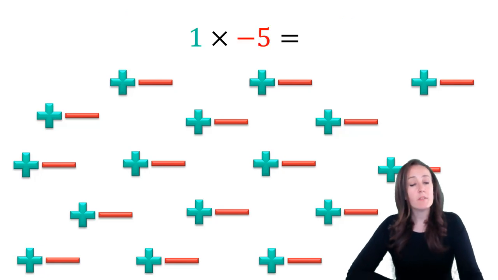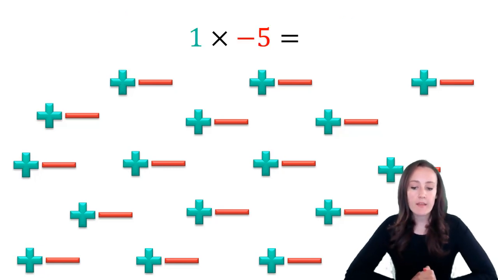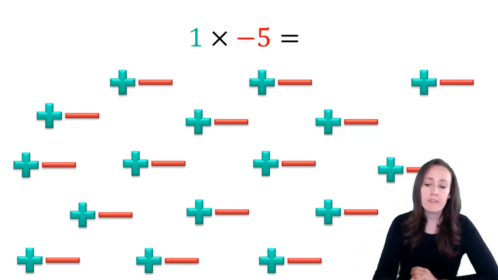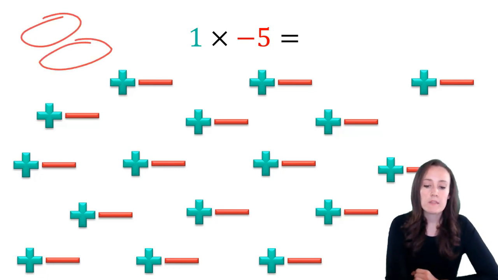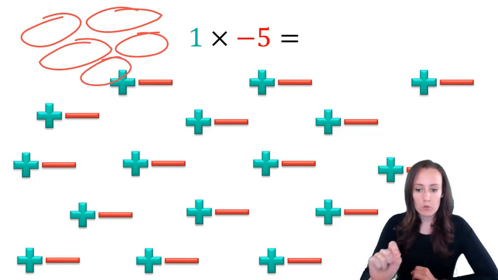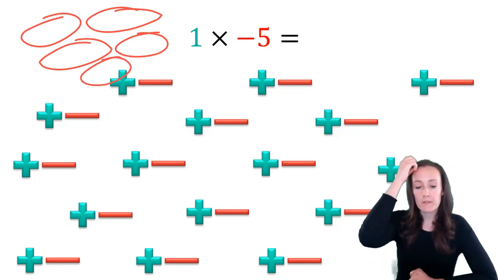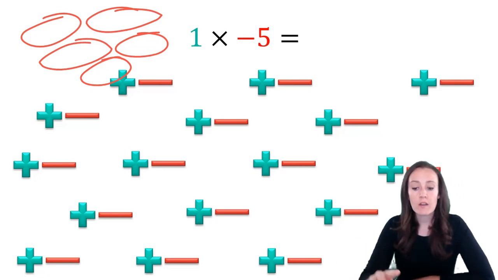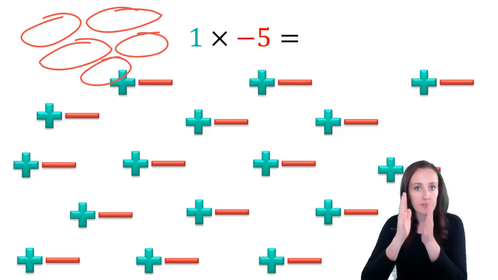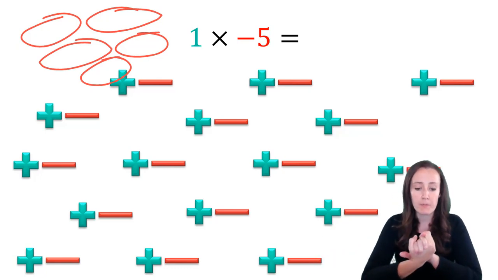So what happens if you have a positive number times a negative number? Well, in this case, your groups are negatives, which means that I'm going to be taking out 5 groups, and each group is going to have a positive. Now, in order to take things out, I'm going to be upsetting the balance of all of these positive and negative pairs.